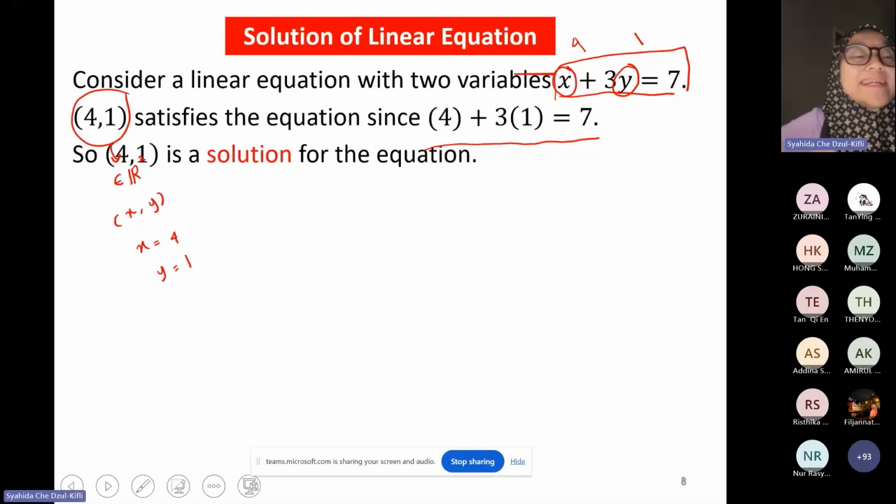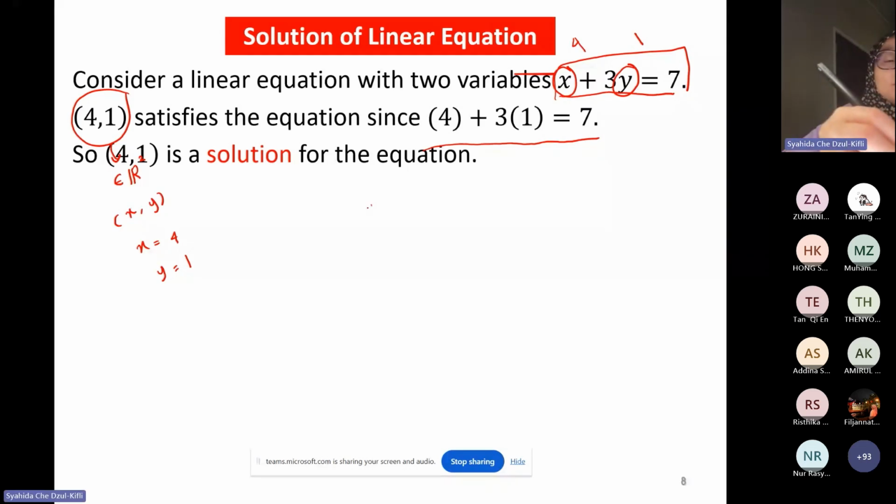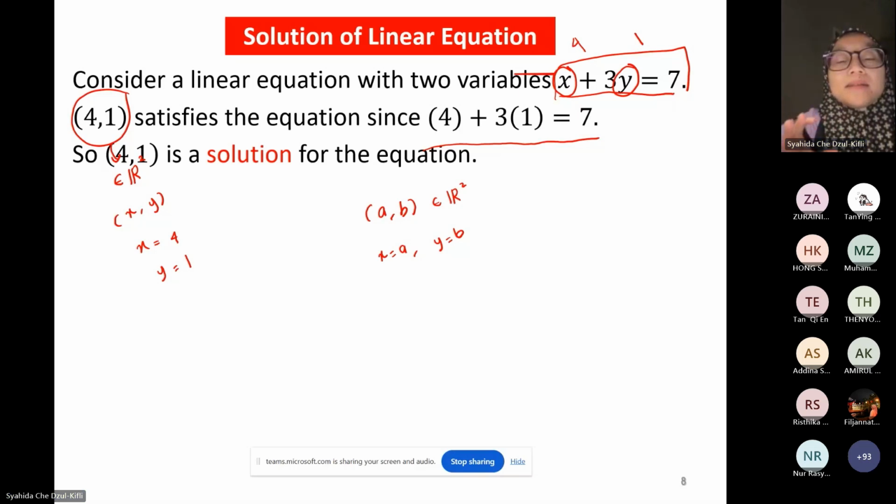So (4, 1) is a solution for the equation. From here, we may say that a solution for this linear equation is any value (A, B) in R squared such that whenever we substitute x equal to A and y equal to B, we get the value on the right, or we may say that (A, B) satisfies the equation.